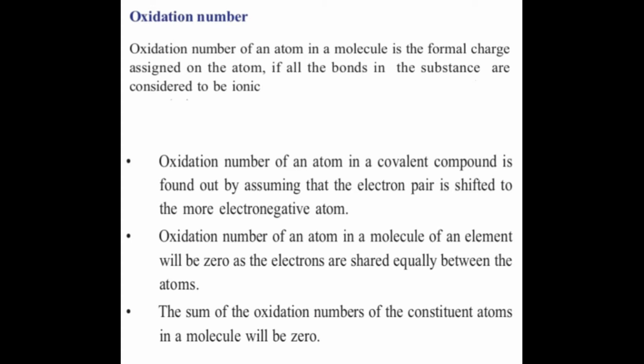The oxidation number of an atom in a molecule of an element will be 0 as the electrons are shared equally between the atoms. The sum of the oxidation numbers of the constituent atoms in a molecule will be 0. These are some rules to assign the oxidation number.